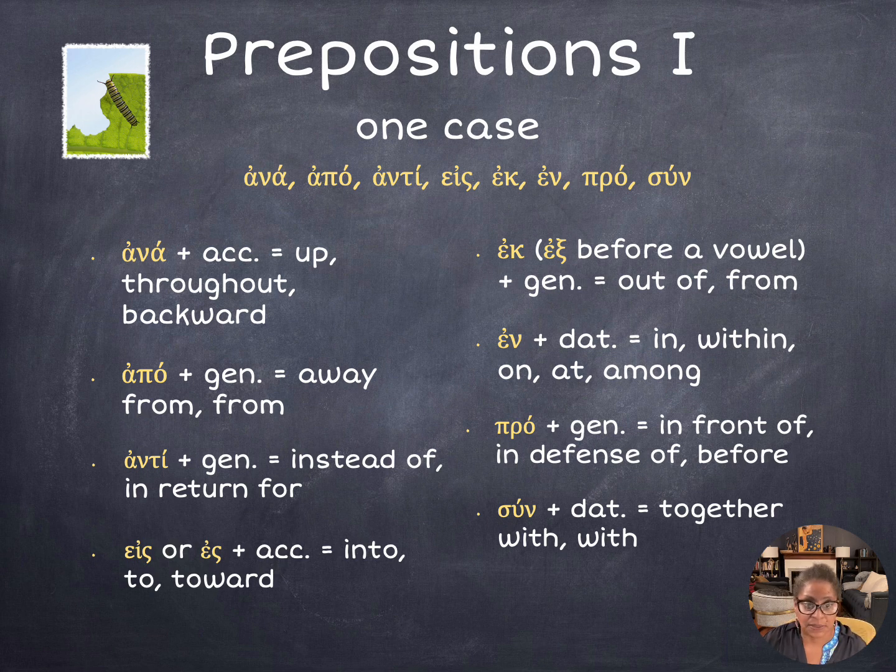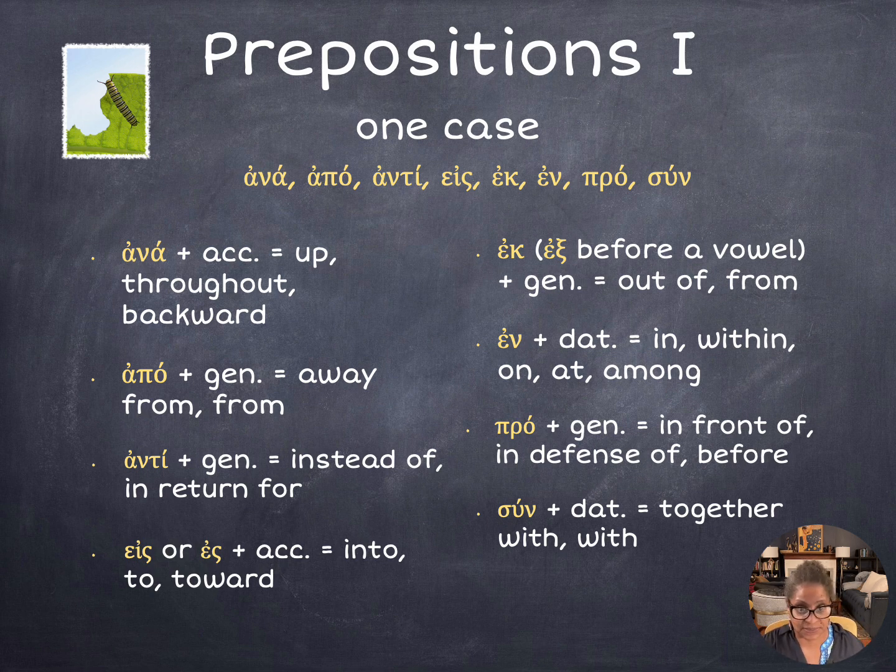Apo means away from or from, and so we would expect it to take the genitive, and it does. Anti takes the genitive, and it means instead of or in return for something.